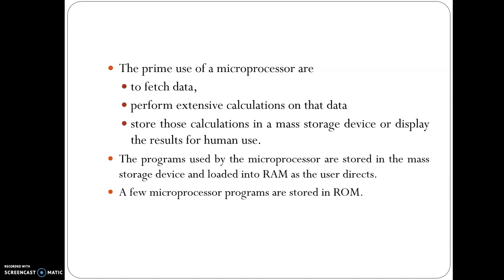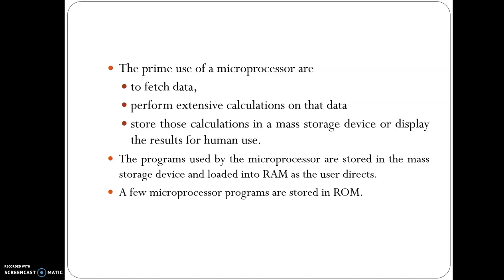As we said, any kind of arithmetic as well as logical operation will be done in the microprocessor. After performing the operation, the calculation is saved on the external memory, and those results will then be used by the human.